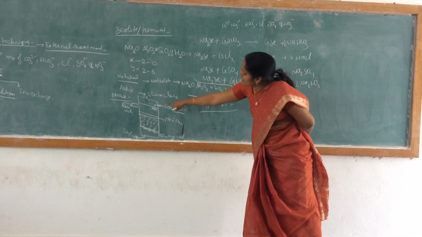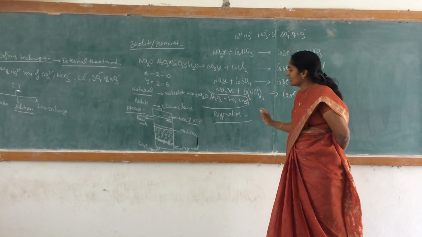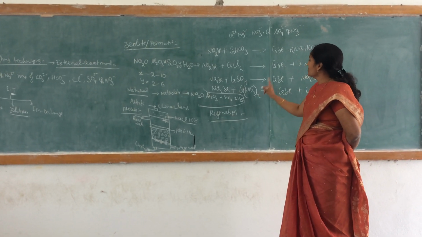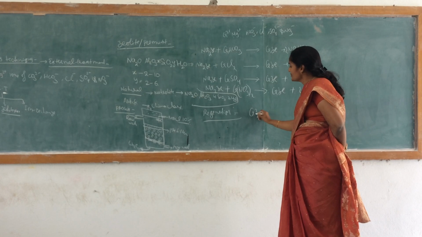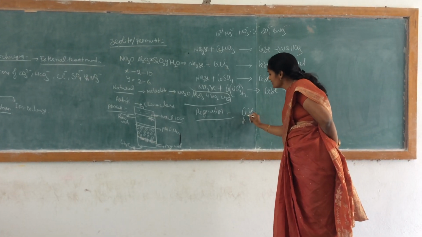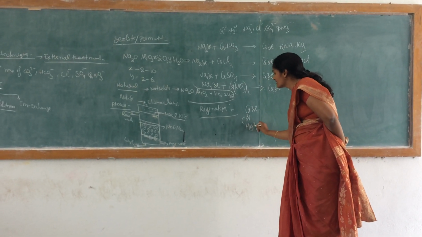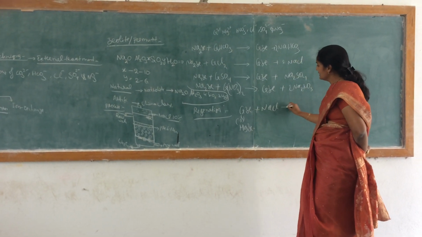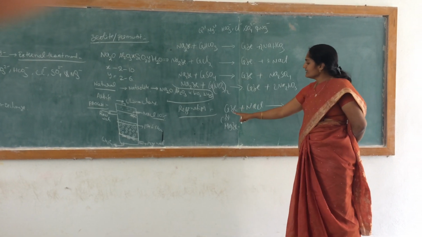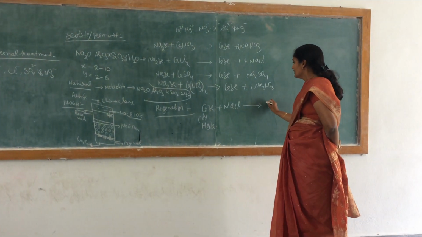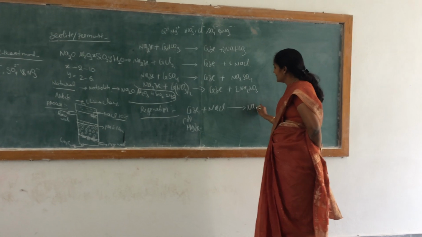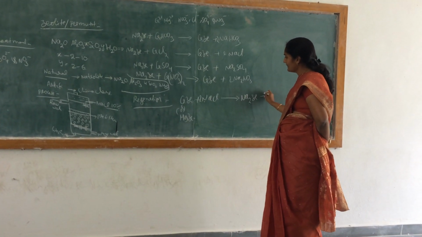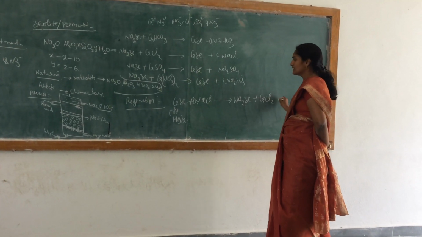Already I explained that 10% sodium chloride, the brine solution, is used for the regeneration technique. Here the zeolite bed contains calcium zeolite or magnesium zeolite. When sodium chloride is passed into it, it will be exchanged and produces sodium zeolite plus calcium chloride.